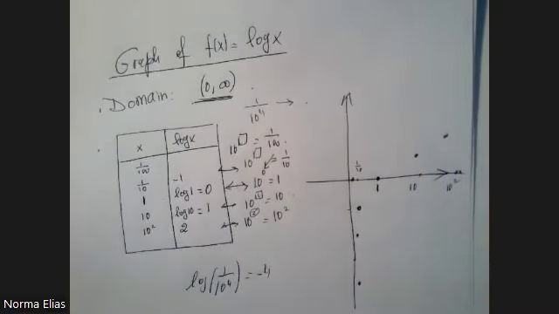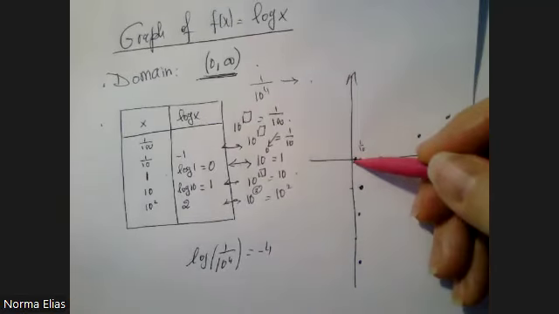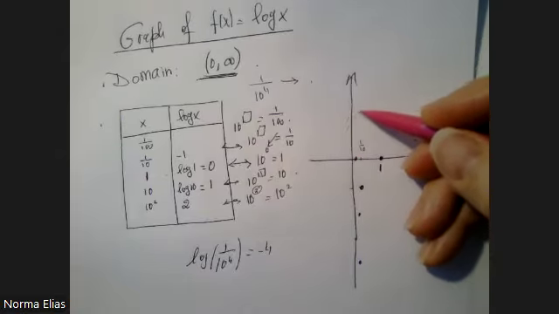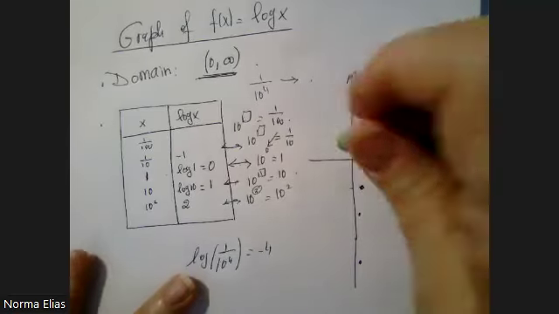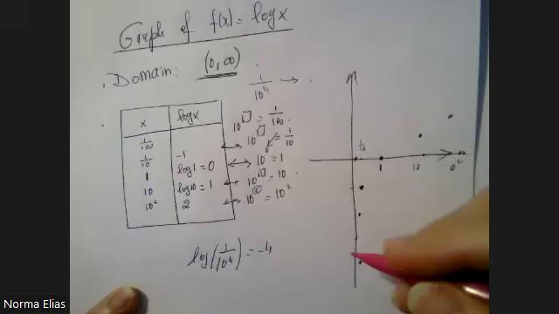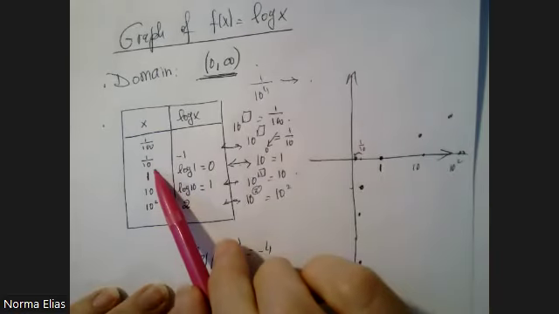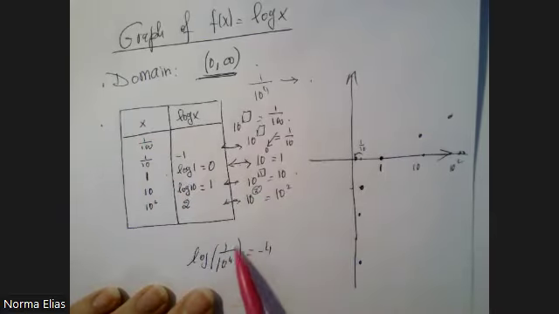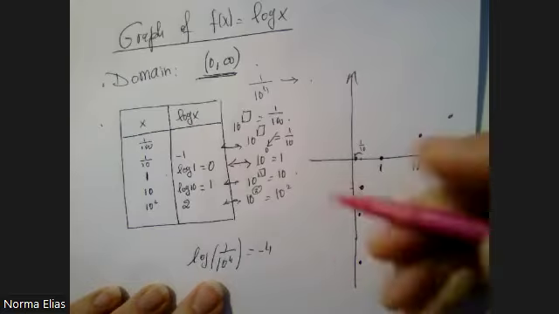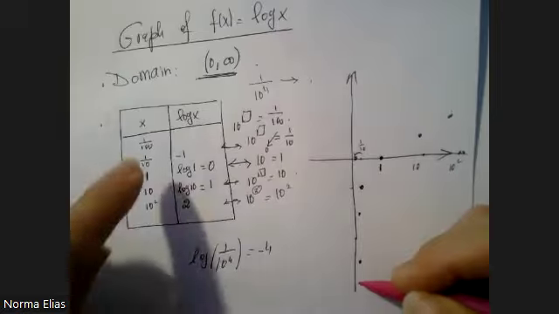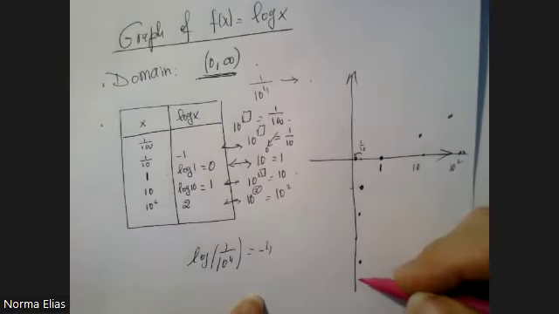So how is the graph of the log going to look like? x can never be equal to 0. The graph can never cross the y-axis. But what is the graph doing? When we're getting very close to 0, 1 over 10, 1 over 100, 1 over 10,000, the output seems to be getting more and more negative.